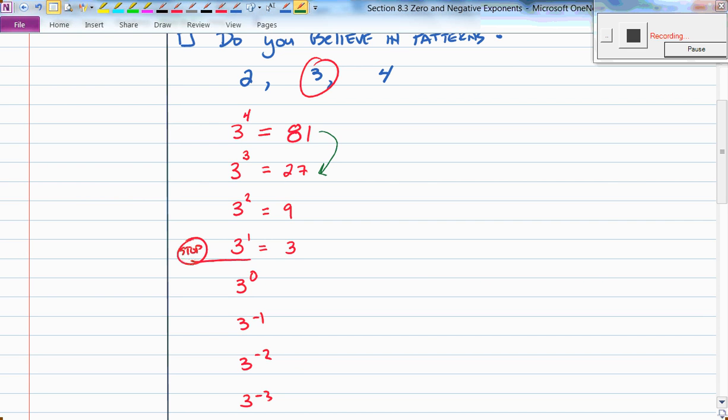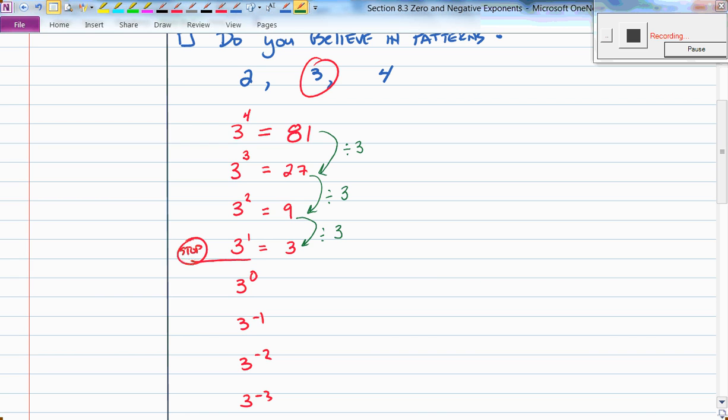Please help me out and determine what is 81 divided by 3. What do I get? 27. You guys believe me? Okay, good. What's 27 divided by 3? 9. Okay. What's 9 divided by 3? It's 3.